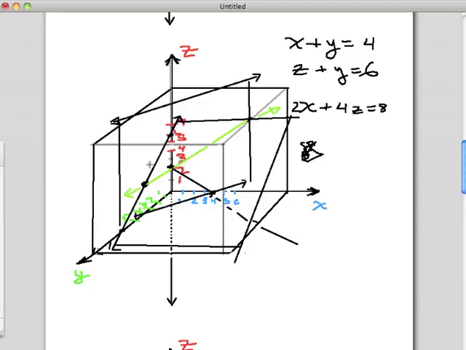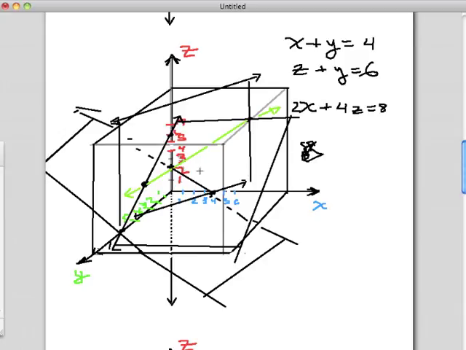It's a terrible line, but it's meeting up with this line, and so it will be the plane that is defined by this.